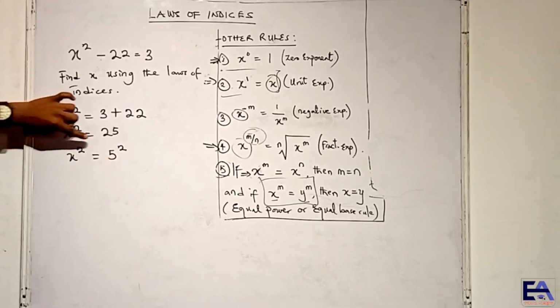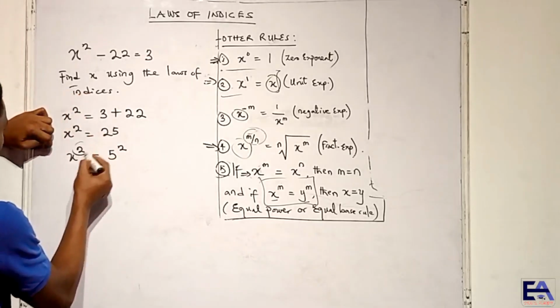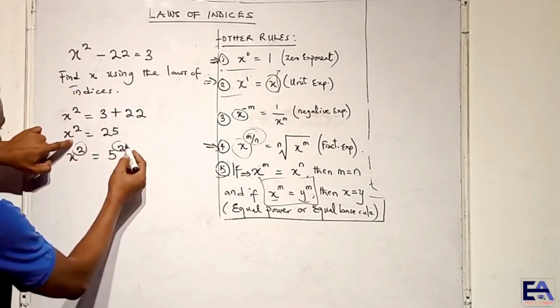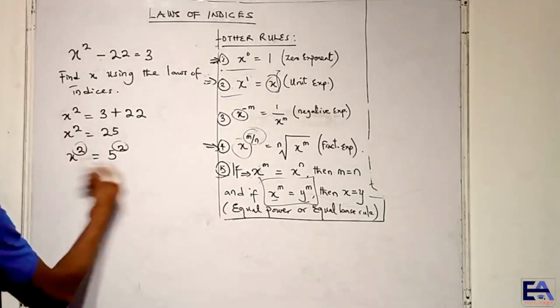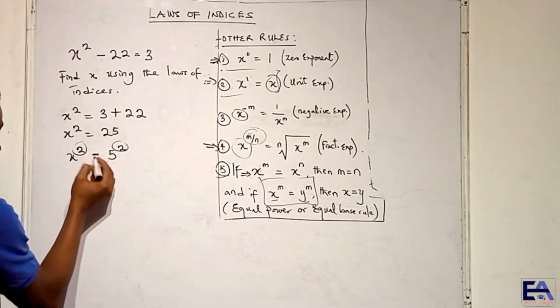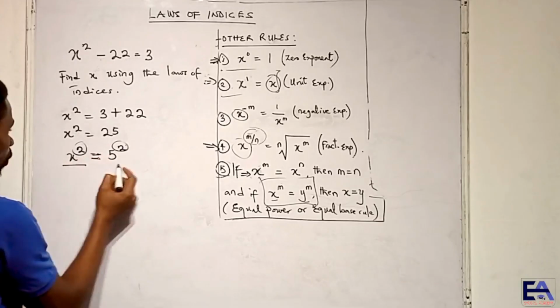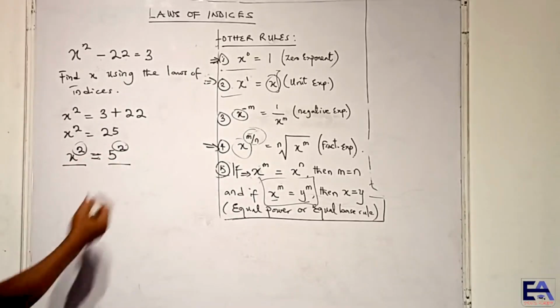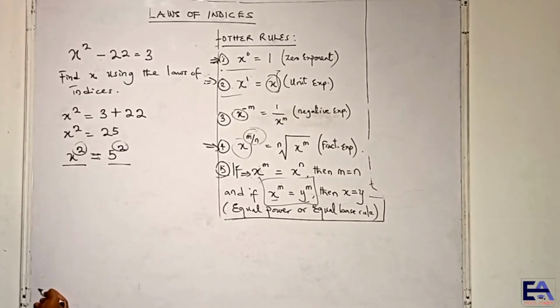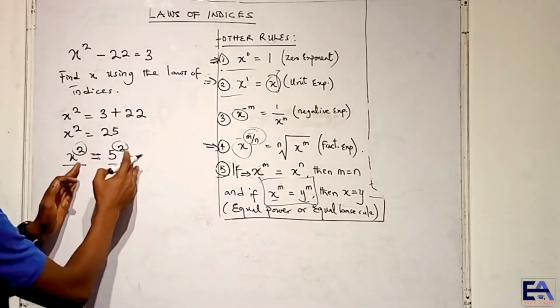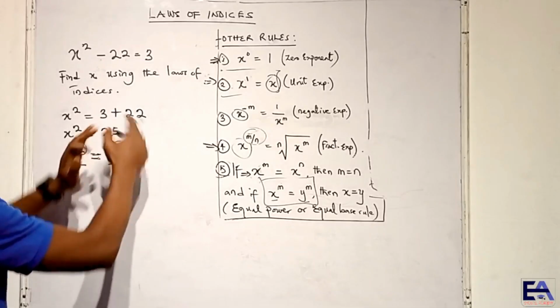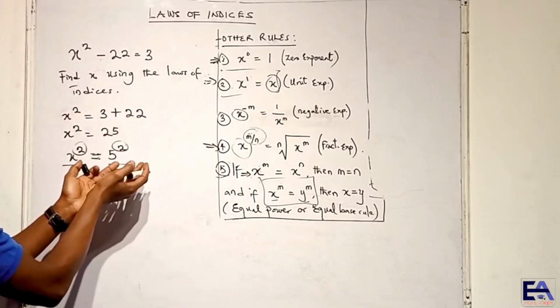So if the powers are the same and we have equality, it means the bases are the same. It only happens when we have equality, with one term, or even a group of terms, having the same power overall.